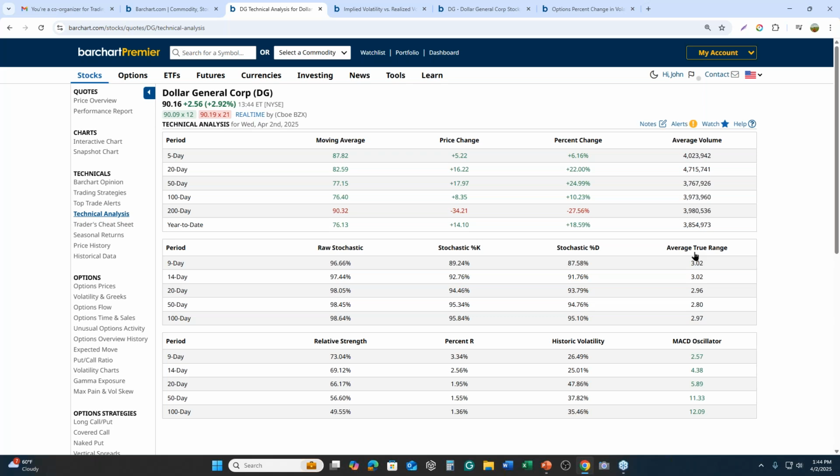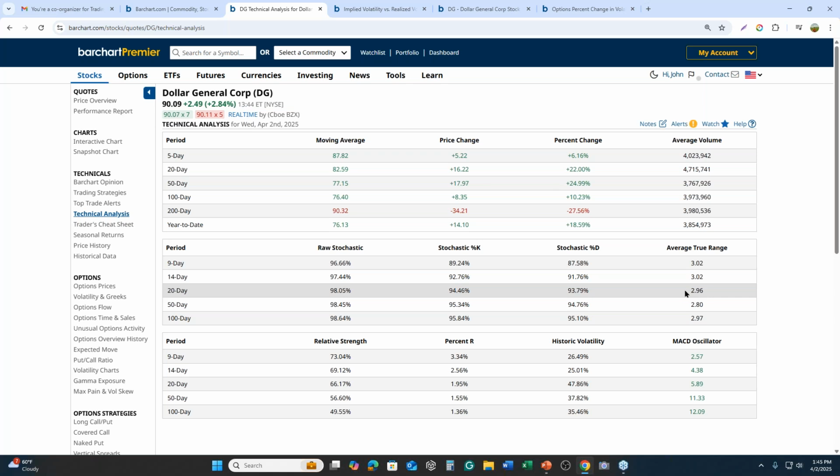This is another measurement of volatility, and we can see that the average true range in Dollar General is about $3. It's been pretty consistent. That says that on any given day, the price of Dollar General will move $3 from high to low. Not directionally, it just tells you how much you can anticipate it to vibrate on any given day.